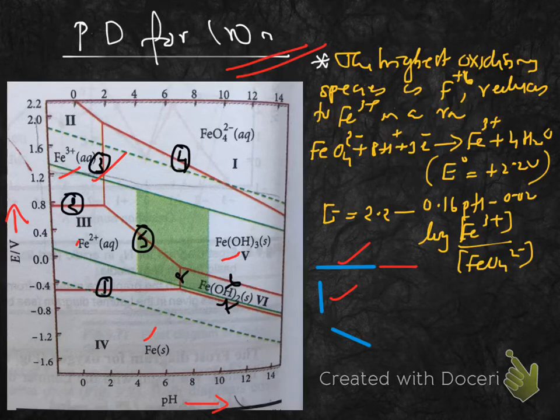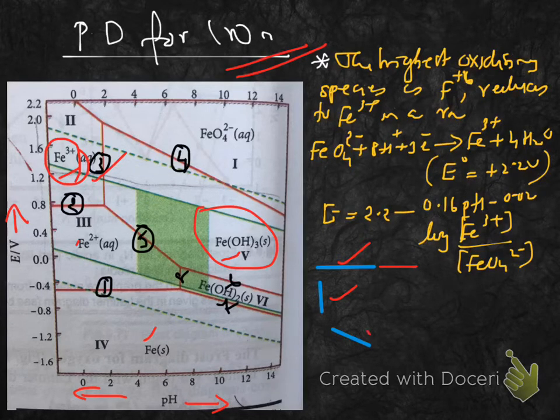They both are in plus 3 oxidation number, but in acidic condition, that means at lower pH, Fe3 plus is stable. At higher pH, as we move towards the alkaline medium, FeOH thrice will be the stable species.